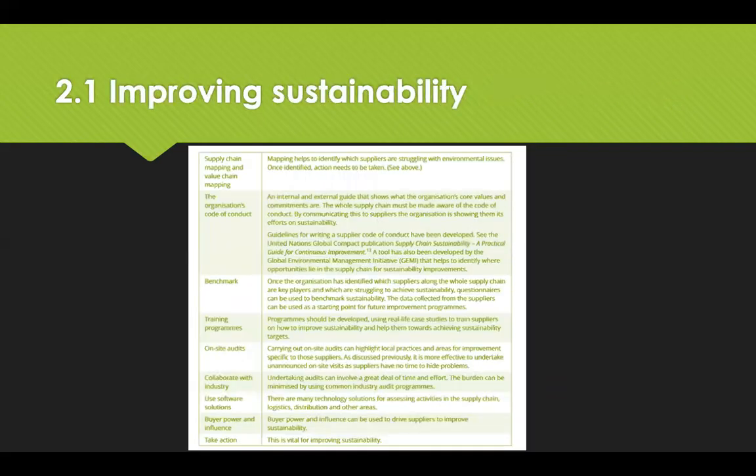Now, in an age where multinational supply chains crisscross the globe, companies need to monitor and disclose not just their own direct economic, environmental, and social impacts, but also those of their suppliers.